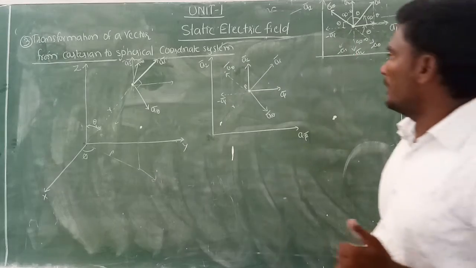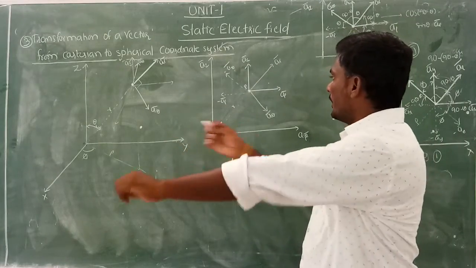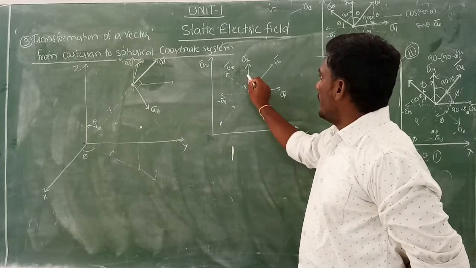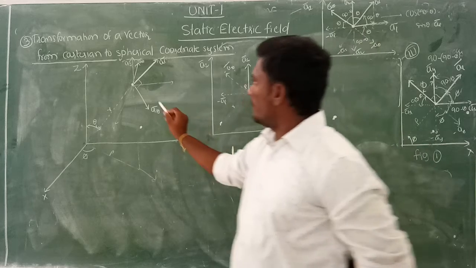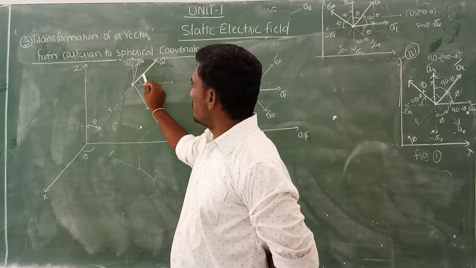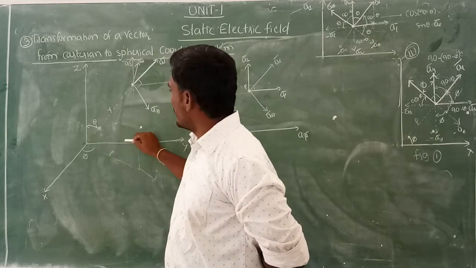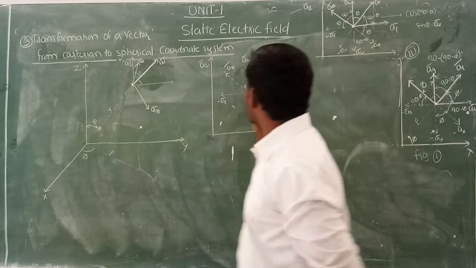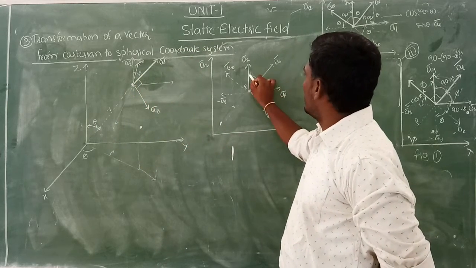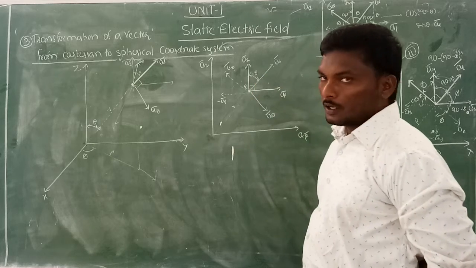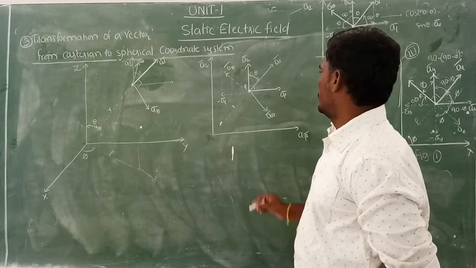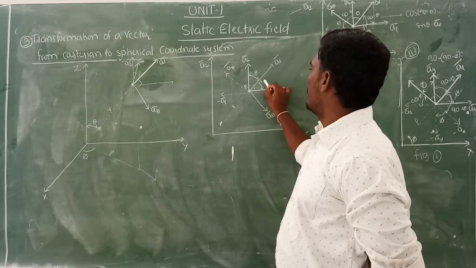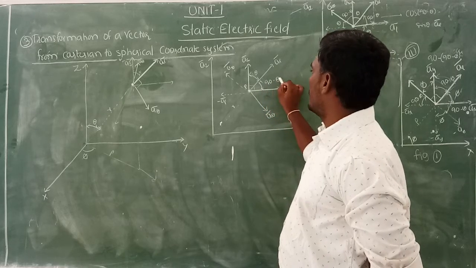Now see the angles. The angle between a rho and a z is 90 degrees. This is a z and it is a rho. The angle between a z and a r is theta. So here also it is theta. Here also it is theta. Now as the angle between a z and a r is theta, this becomes 90 minus theta.